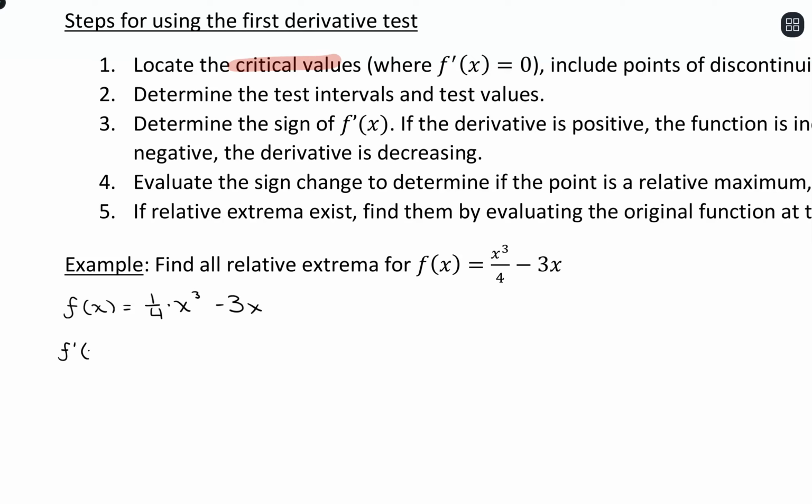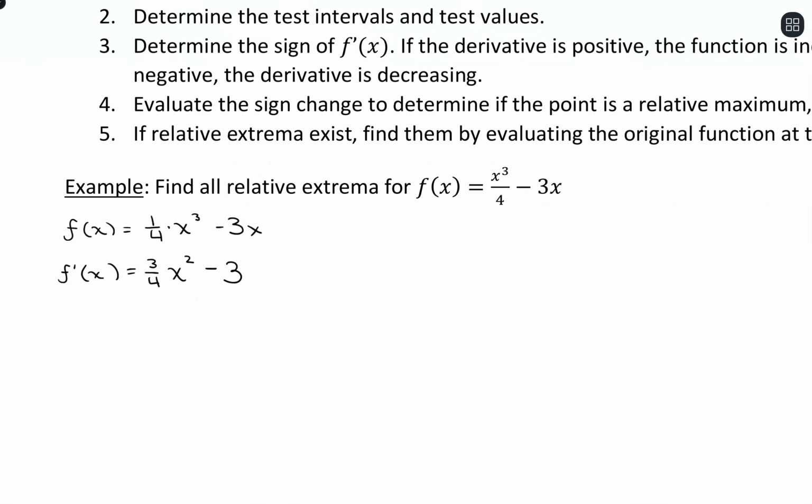All right, taking the derivative, we'll have 3 times 1/4 times x^(3-1), minus 3. And what we want to do is to find our critical values. We're going to see where this is equal to 0. I'm going to add 3 to both sides. To get rid of that 3/4, I'm going to multiply both sides by 4/3.